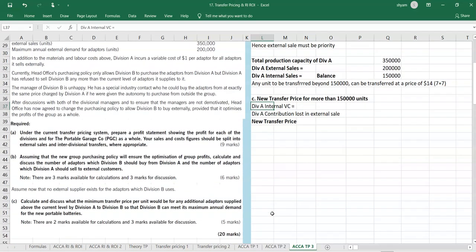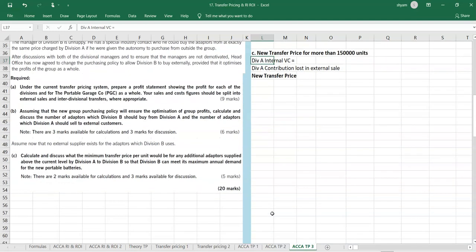So let's see the last one. He's given an assumption, but we don't know whether this assumption is for this question or for the other. Mostly it is for this question only.